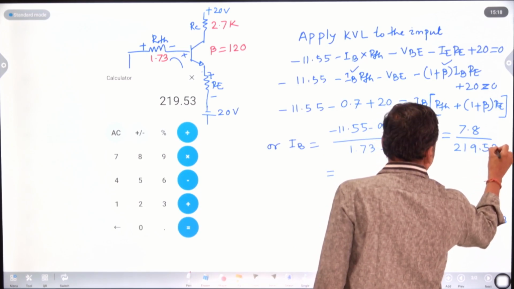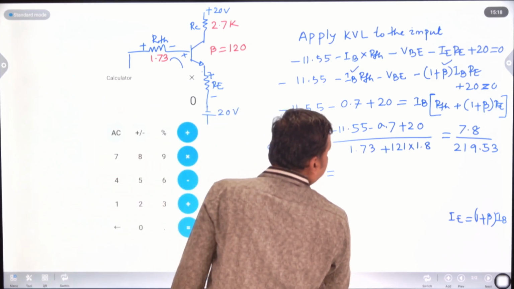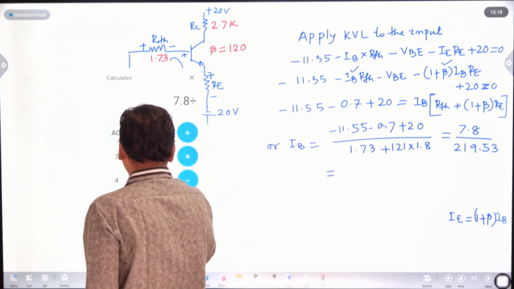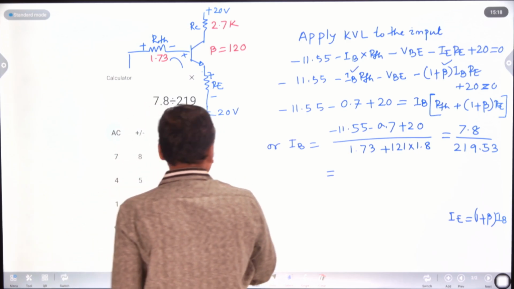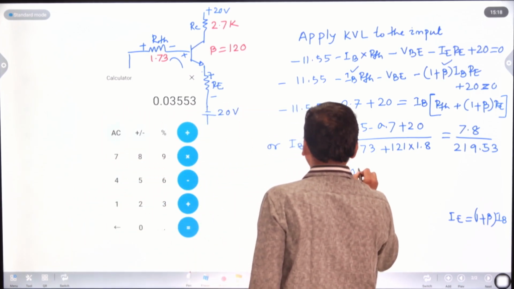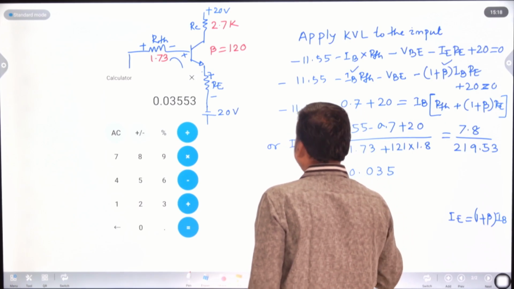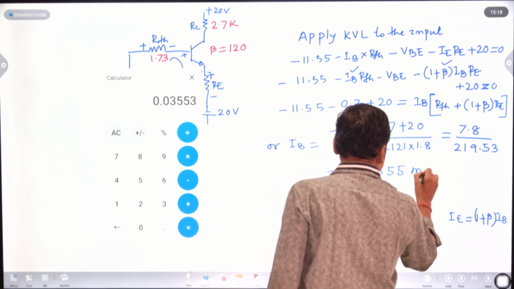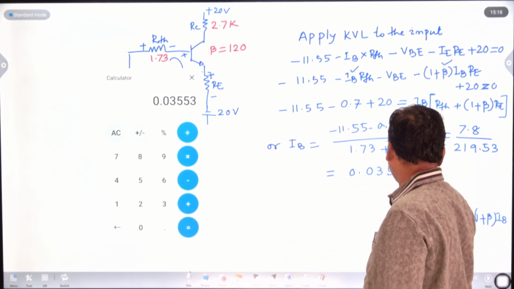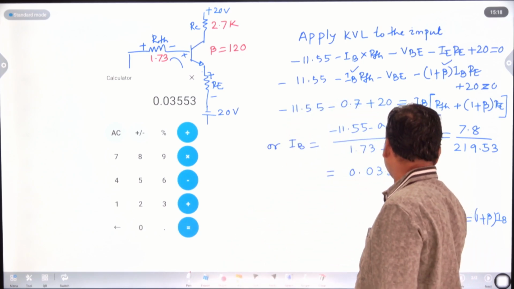So this will be 7.8 divided by 219.53, the value is 0.0355 milliampere, because here it is in kilo ohm, so reciprocal of kilo is milliampere. 1 by 10 to the power 3 is 10 to the power minus 3, which is milliampere.